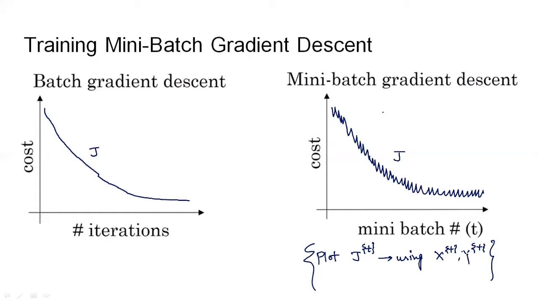Suppose you have trained the first mini batch, so you have got to this place. Since the first mini batch is quite easy to carry on, you have got a decrement in the graph.